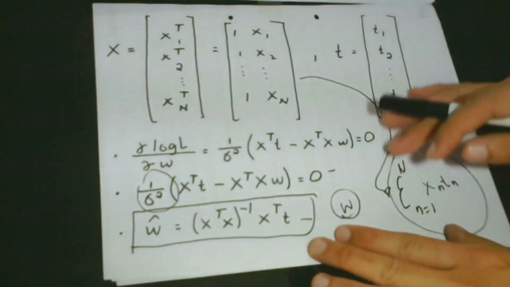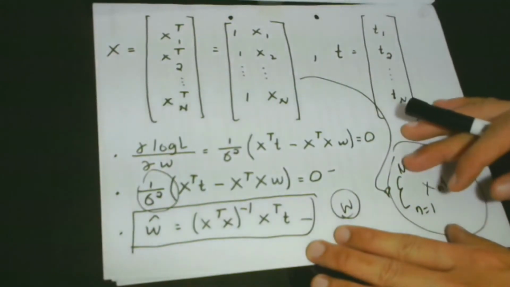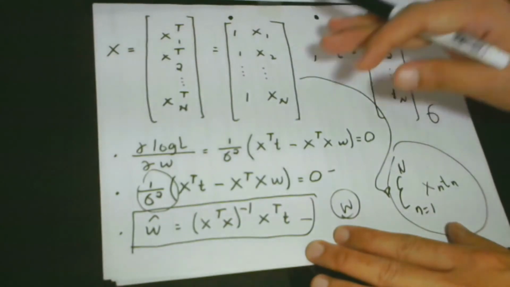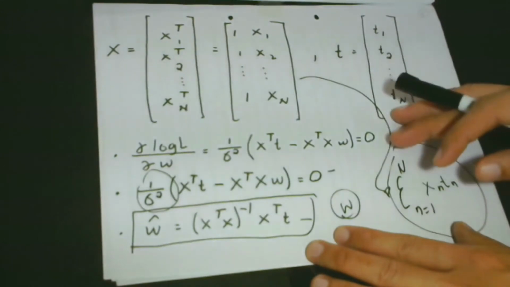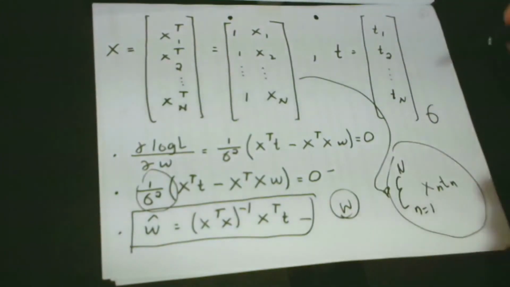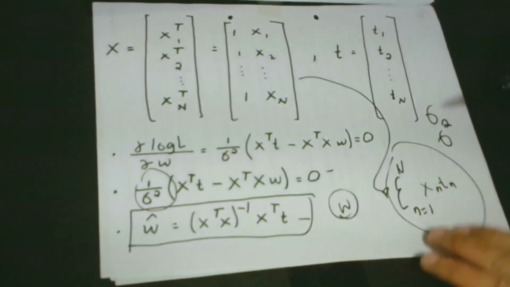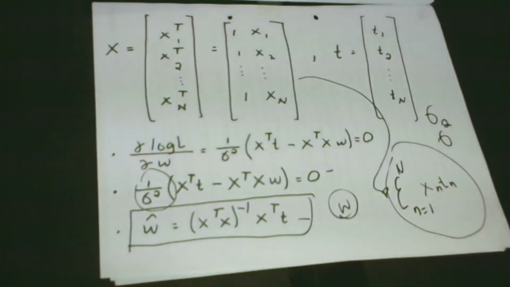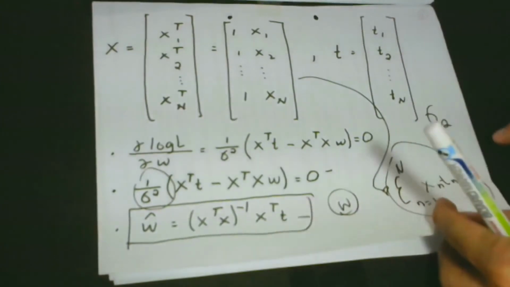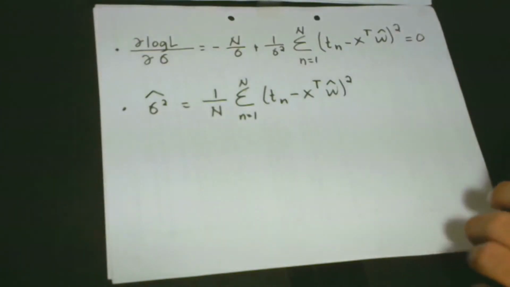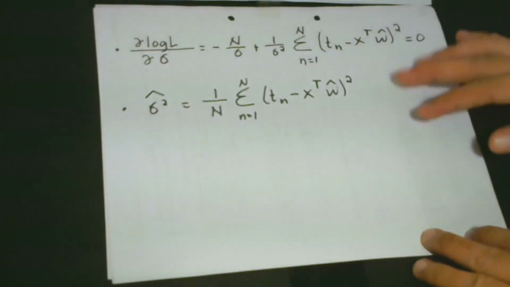So assuming that we have already computed the value of w hat, the next thing that we're going to do is obtain the expression for the value of sigma squared. And how do we do that? Just like what we did before, for sigma squared we also equate this to 0.